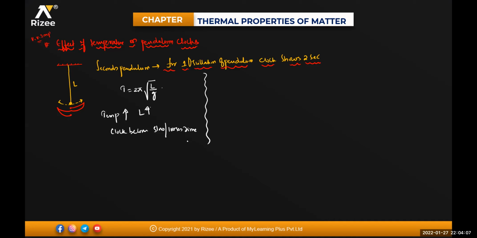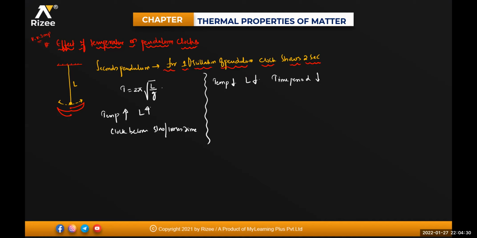When temperature increases, length will increase. If length is increasing, the clock will become slow. When the clock is becoming slow, that means it is losing time, isn't it? The same way, when temperature decreases, then what is happening to the length? The length also decreases. When length is decreasing, time period also decreases.